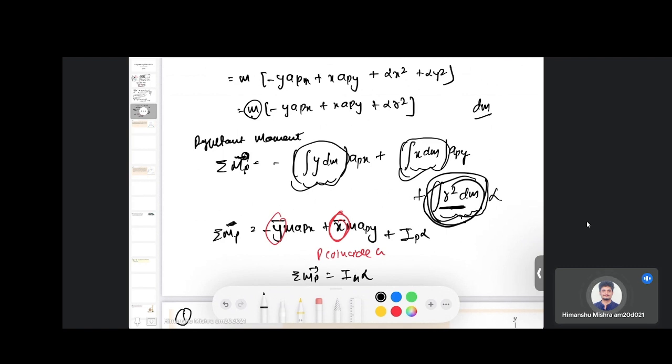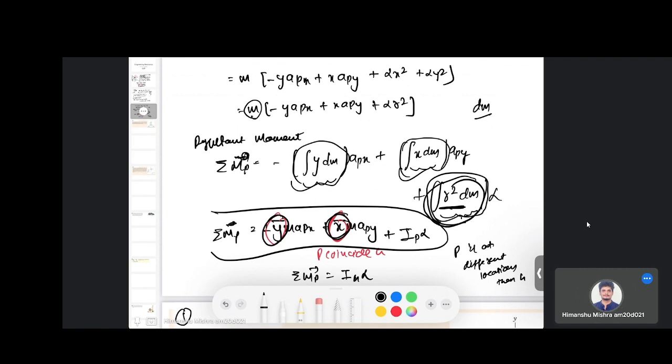And if it is not coinciding, if P is at a different location than G, then the location of P can be defined by this x bar and y bar. So these x bar and y bar will not be 0, and then you need to use this whole equation.